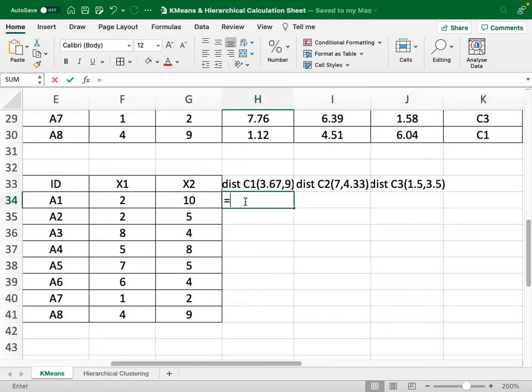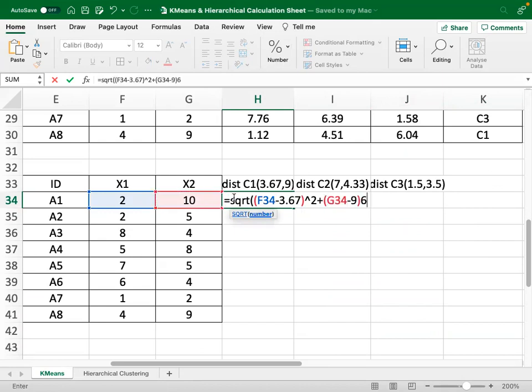Now we have to calculate the new distance. SQRT, open two brackets, 2 minus 3.67 to the power of 2 plus 10 minus 9 to the power of 2.